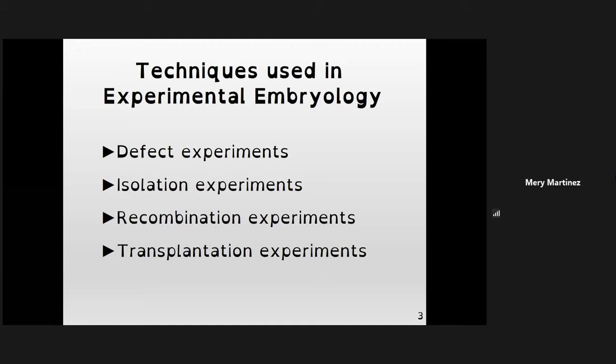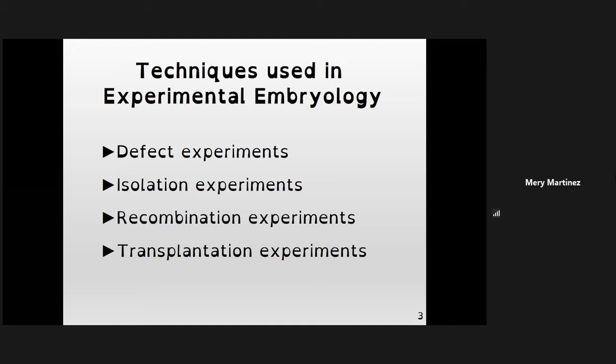They also do recombination experiments. This recombination experiment is looking at the development of the embryo and observation after replacing an original part with a part from a different region of the embryo. So like creating Frankensteins, right? I'm going to take this part, I'm going to put it here, and let's see what happens.